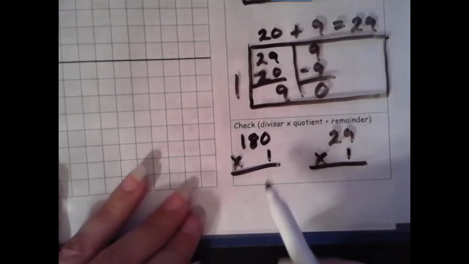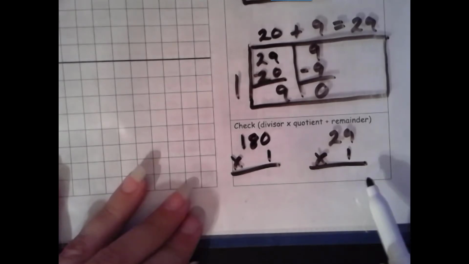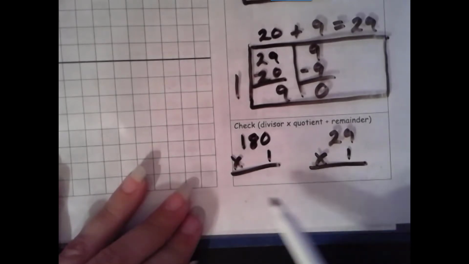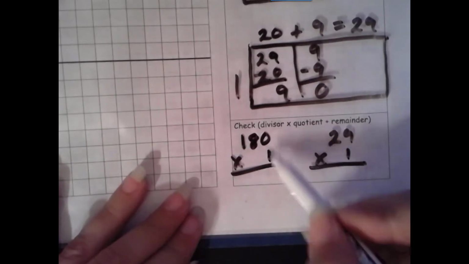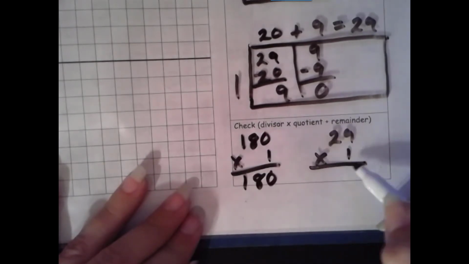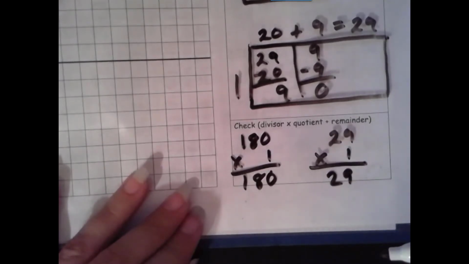But what I end up with here, and why the groups of 1 work so well for division, is that I have the identity property of multiplication here. It says if you multiply by 1, it stays the same. So we have both the addition and multiplication identity properties here.